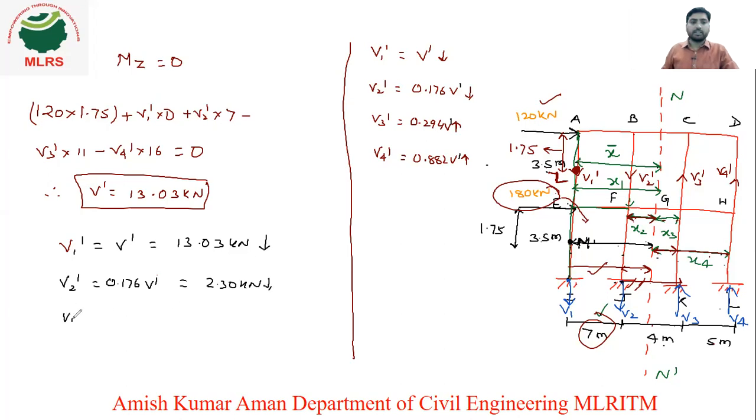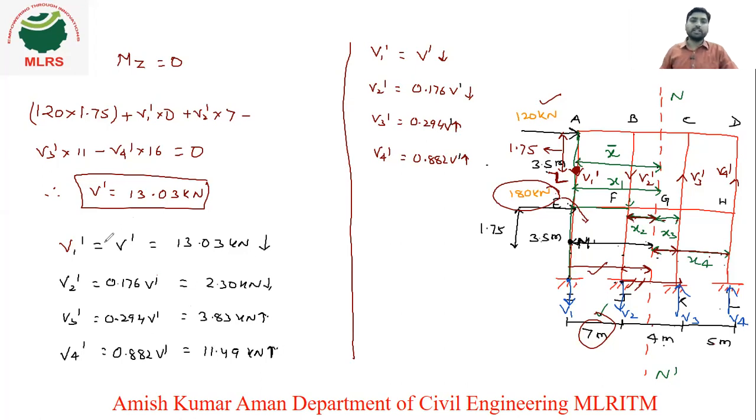V3 dash is 0.294 V dash, which is equal to 3.83 kilonewton upward, and V4 dash will be 0.882 V dash, which is equal to 11.49 kilonewton in the upward direction.